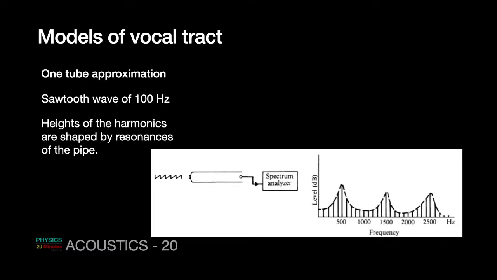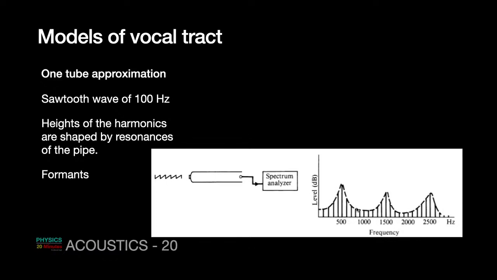The heights of the harmonics are shaped by the resonances of the pipe. Now you are not driving with a pure signal, you are driving with a sawtooth. The sawtooth generates its spectrum, then you shape those heights, and this is the origin of formants.